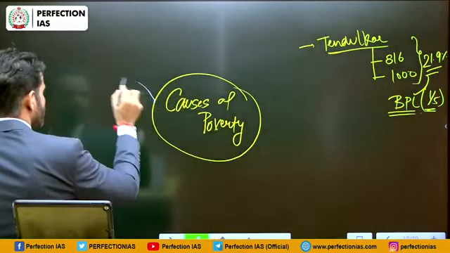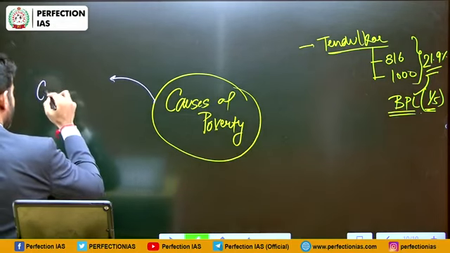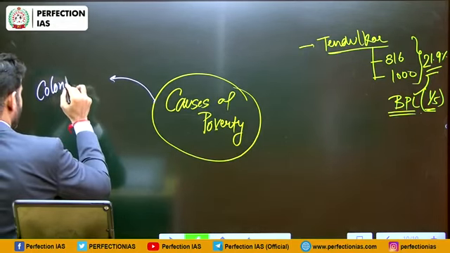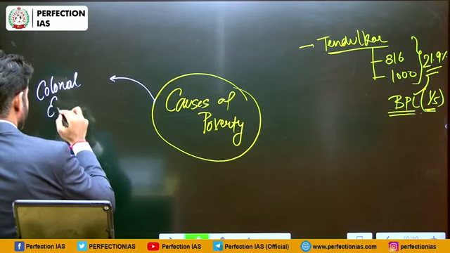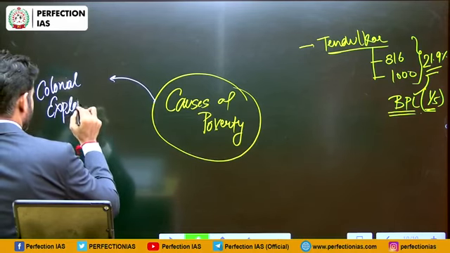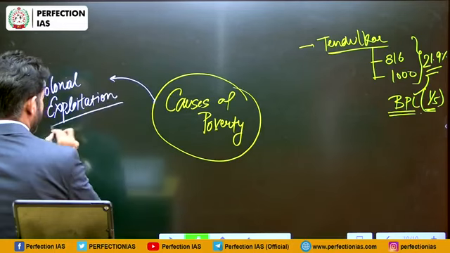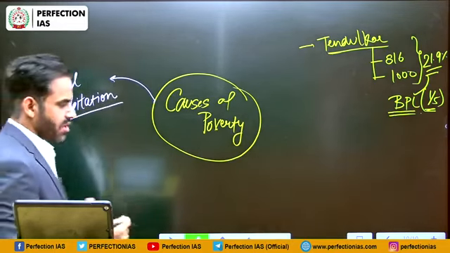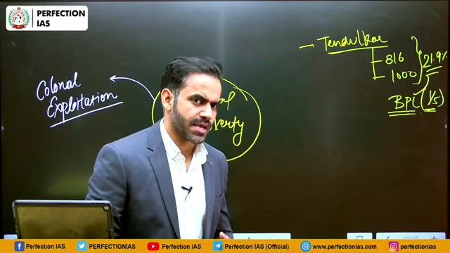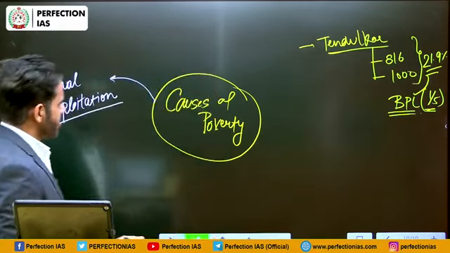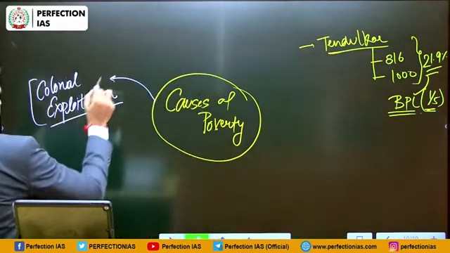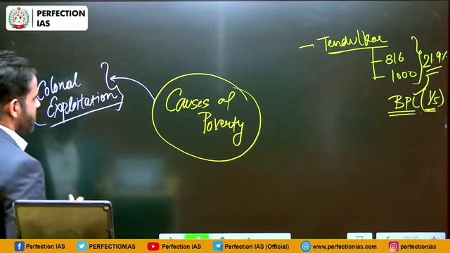So first and foremost factor is colonial exploitation. What does that mean? See, Britishers conquered India and they exploited India. So their policies were directed in order to exploit our country.